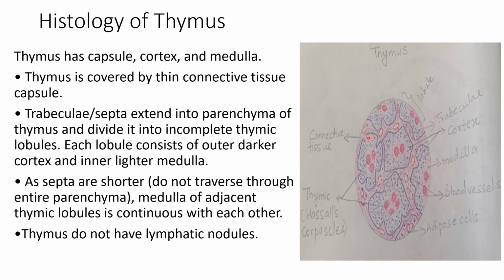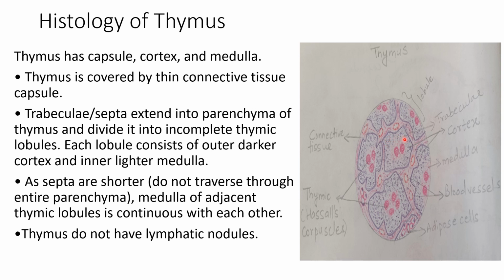So what we have seen, there is a capsule, there are septa. Septa will divide the parenchyma into lobules. Now the outer darker area of this lobule is cortex, and the inner lighter area is the medulla. The same you can see in this lobule also.